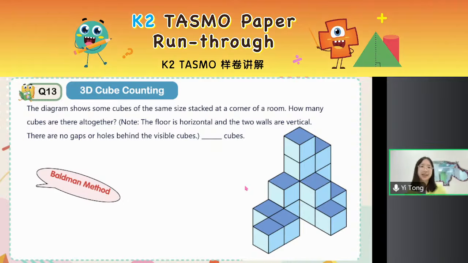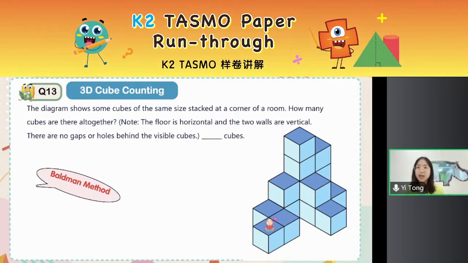Cube counting problem. So for this problem, what method can we use to count very quickly? Remember the bald man who has very little hair. So let's put a bald man here. Invite him and he will help us to count it.